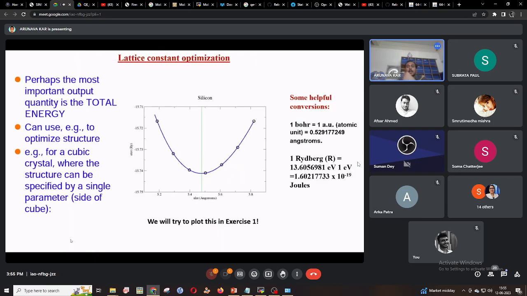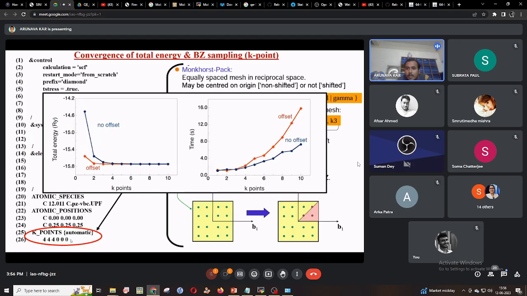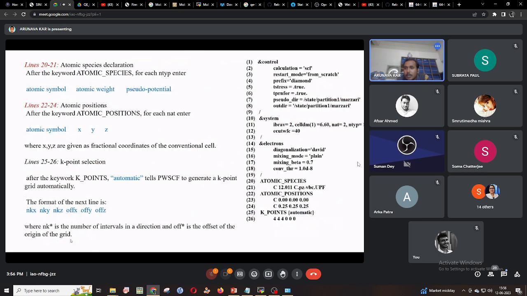Okay, now I'm trying to understand what the optimized lattice constant is. What you have to do is change the lattice parameter. What I showed you earlier is that you can change the cell dimension value, like here it is 6.6, you can use 6.4, 6.2, 5.8, and you can check the total energy of the system.